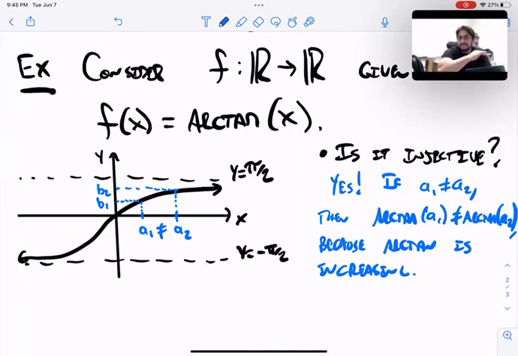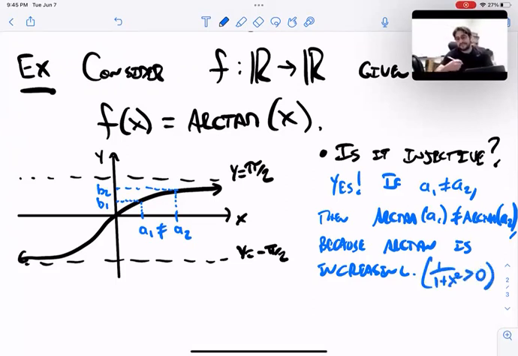So if your function is always increasing, or vice versa, always decreasing, then automatically the function will be injective. That's a perfectly good way to think about this. So yes, arctangent is an injective function. And you could say that it's always increasing graphically, or because its derivative is always strictly positive.